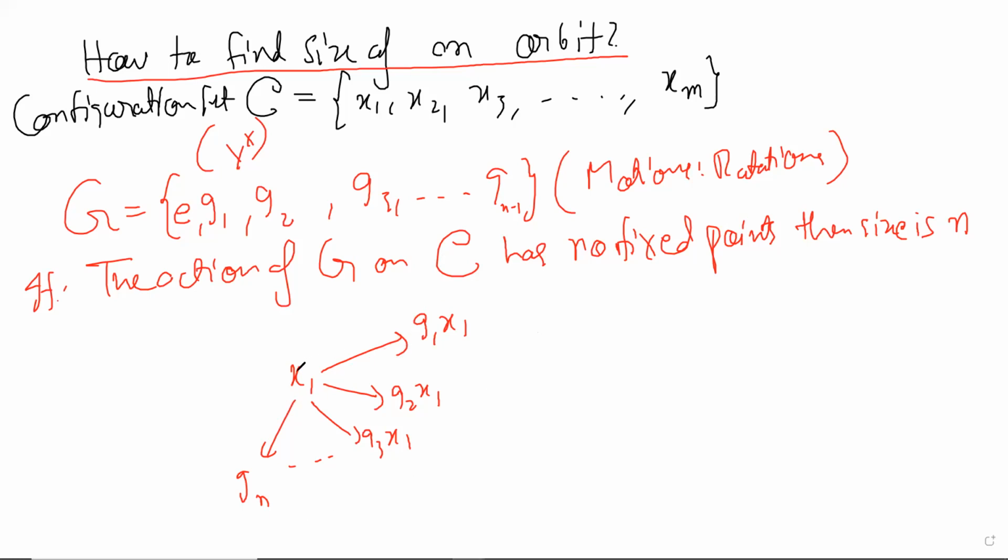So if x by g1 goes to x1, and if the motion g2 takes it to some g2 x1, then these two have to be different. Why?